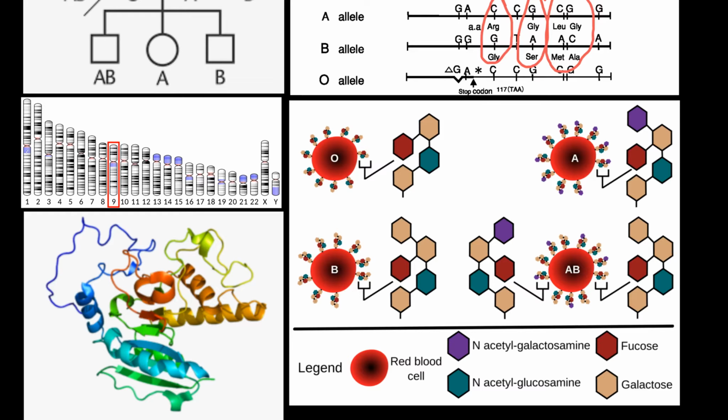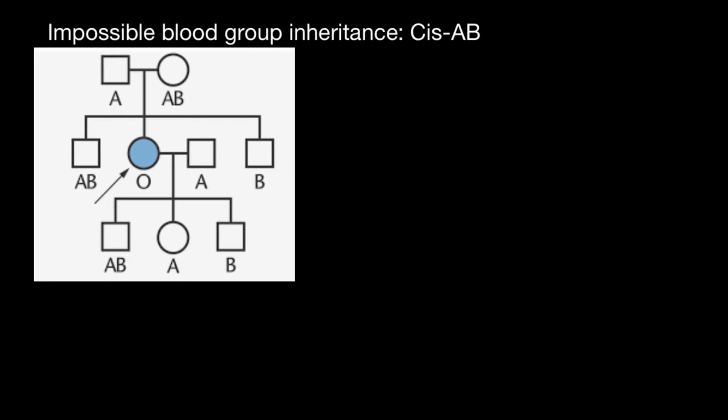Now we can return to our original slide. So what does Cis AB mean? In chemistry, for example, if we take some molecule, cis means that we have 2 R groups on the same side.